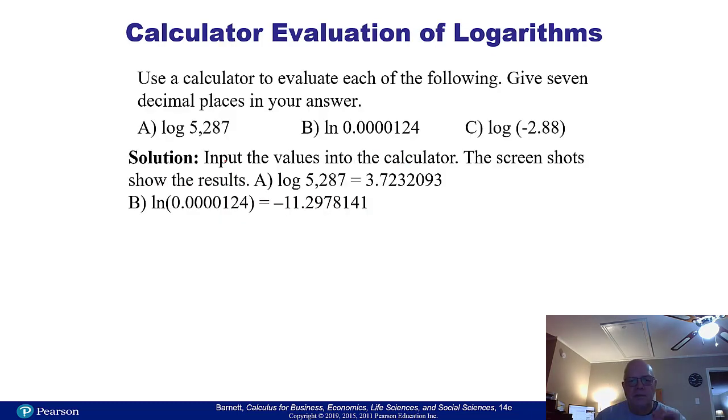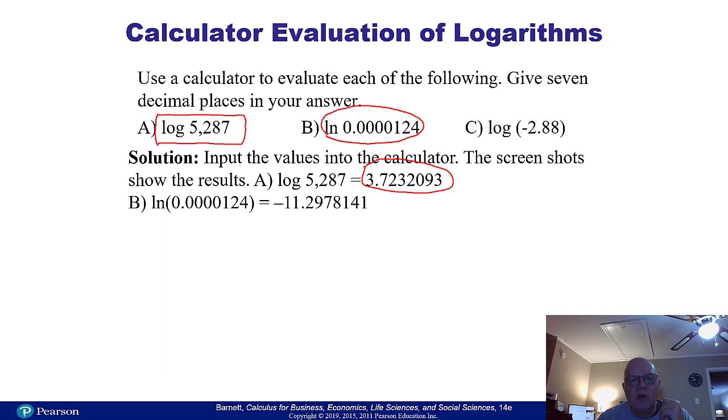Okay, all right. They put the answers here already, but try these for yourself. Make sure you know how to do this on your calculator so you end up with this answer. And make sure you can put this in your calculator.